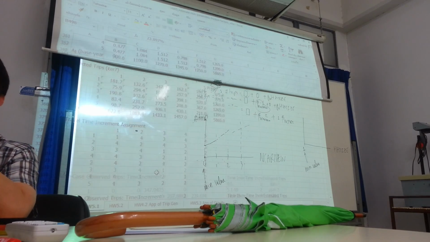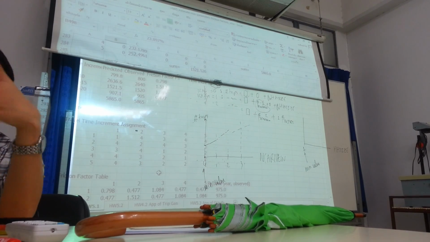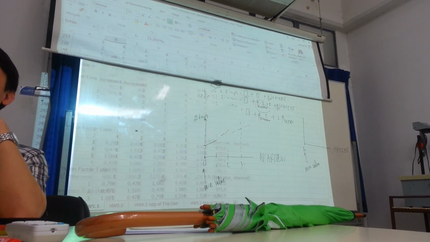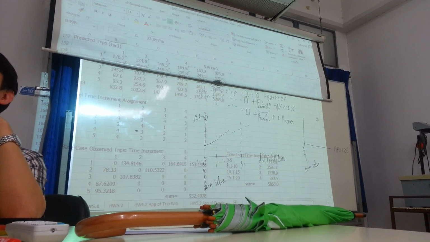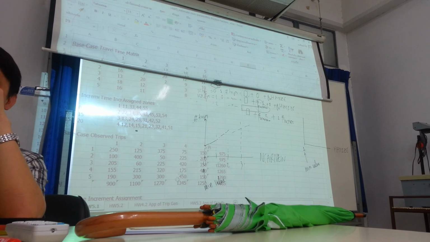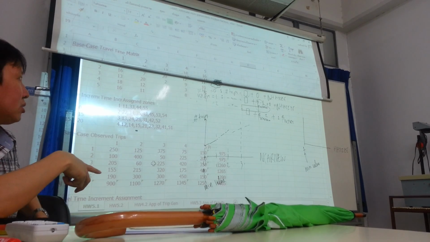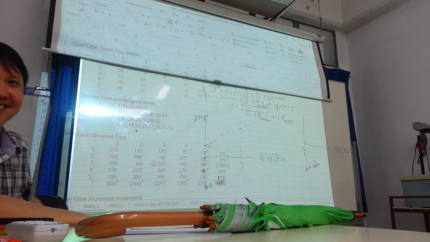I will not give you this, so you should develop this yourself, because it involves iterations. I have to perform iterations. It's for homework 5.1. So this file is the solution file.